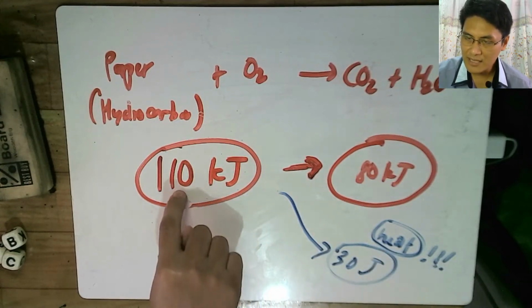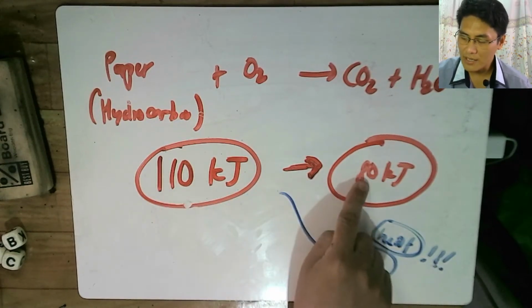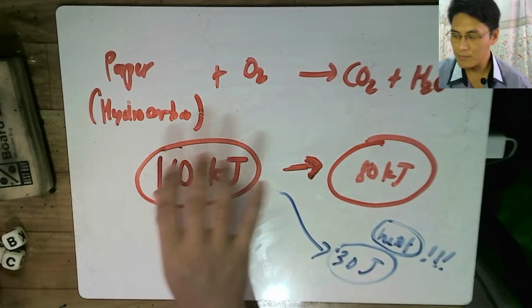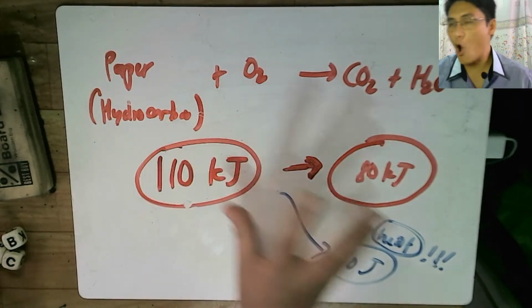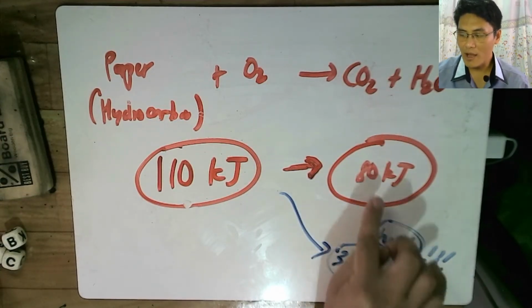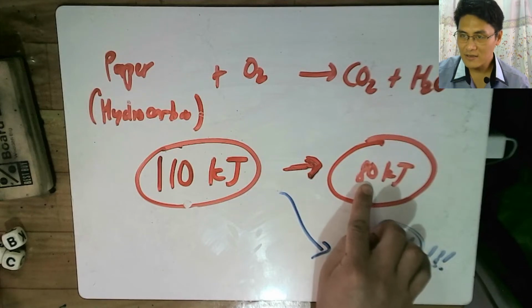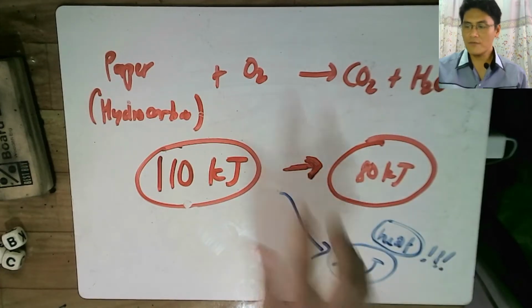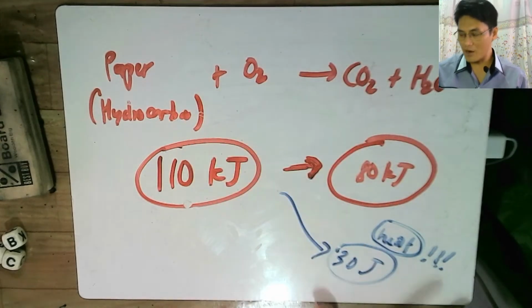If the reactants have more energy than the products, that means when the reactants form the product, they have to let go of some of that energy. That's why the energy is less, but that energy is usually released from the reaction to the environment.